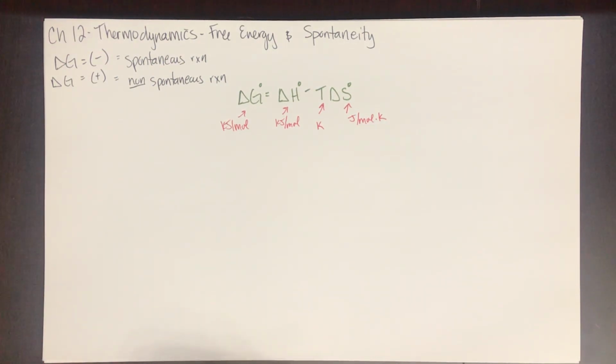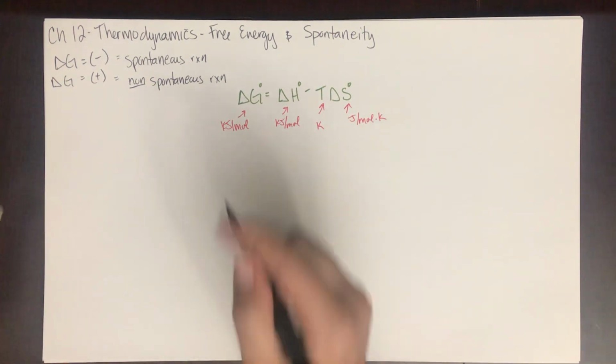Okay, so let's look at an example. Let's use this same formula that we have looked at before with the oxidation of ethyl alcohol to acetic acid. So I'll write it out again.